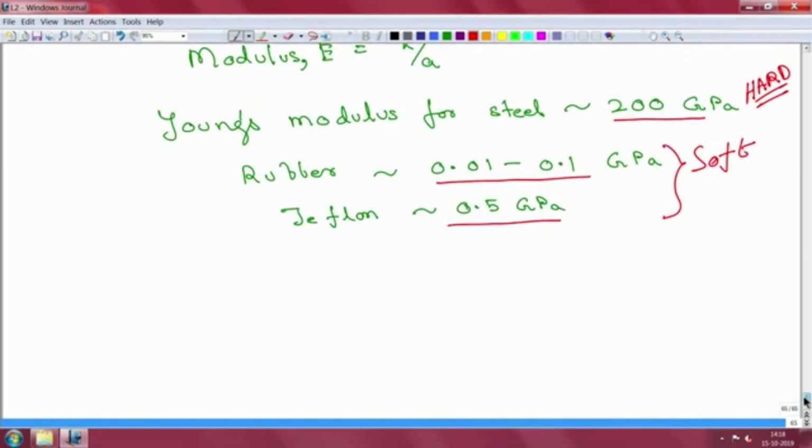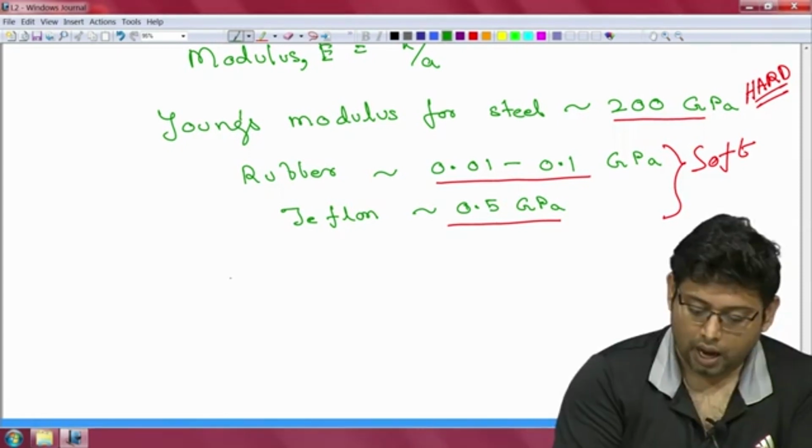So, let us carry this discussion on for a little bit longer. So, your atoms are separated from each other, and there is a potential energy associated with an atomic pair.